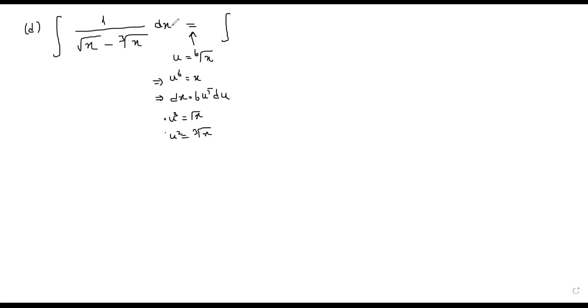So what do we get? dx is equal to 6u to the 5 du. And here, this is equal to u cubed, and this is equal to u squared, right?